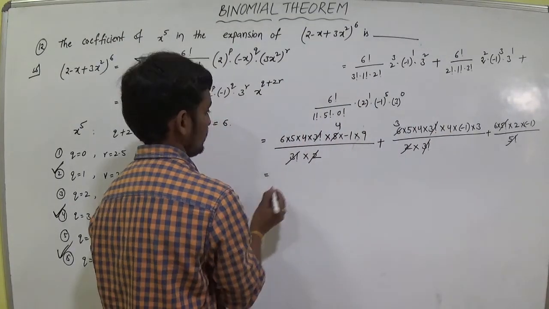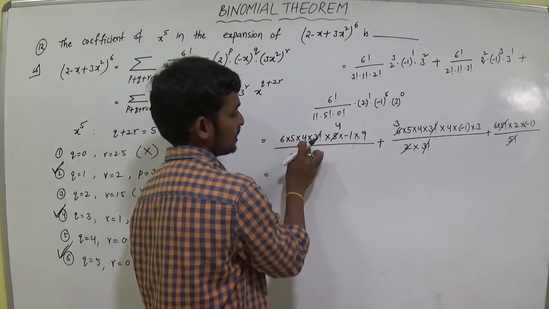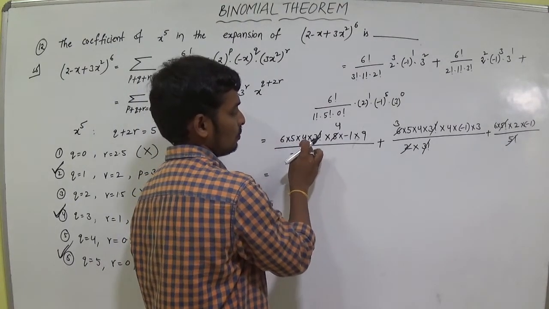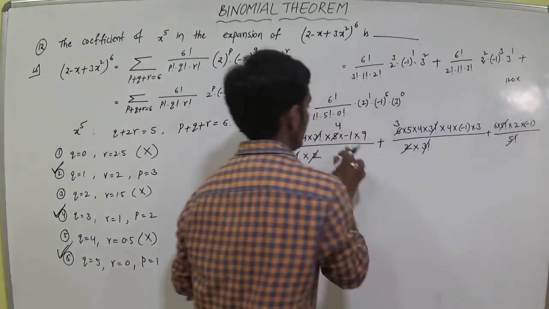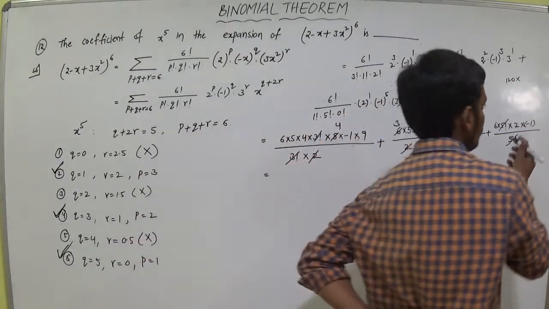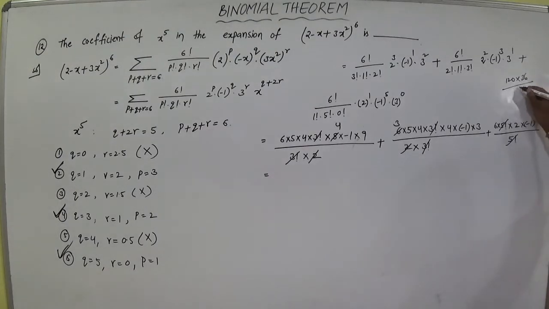So now we can simplify. 6 5s are 30, 3 4s are 120, 120 into 9, 4 9s are 36. We can multiply 36. So 0, 6 2s are 12, 1, 1 6 are plus 1, 7 into 0, 6, 3.